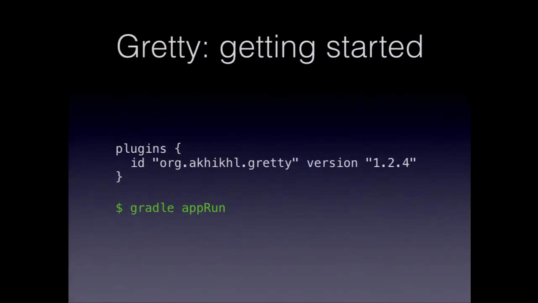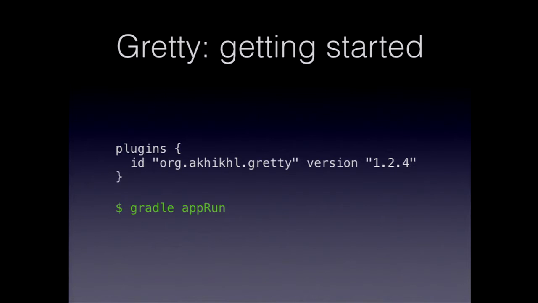Let's get started with Gretty. How can you use it? Very simple. Put these lines in your build.gradle, and then invoke task appRun. You are done. Your web application is already running. What happens actually: the Gretty plugin will configure the servlet container for you.